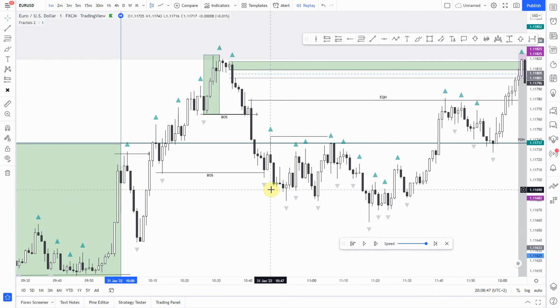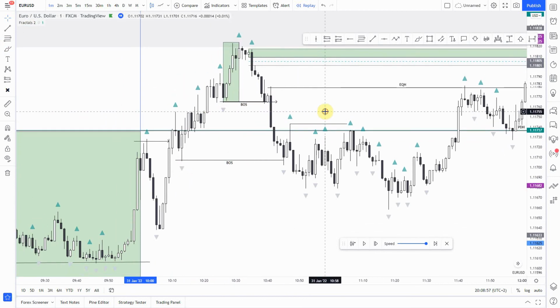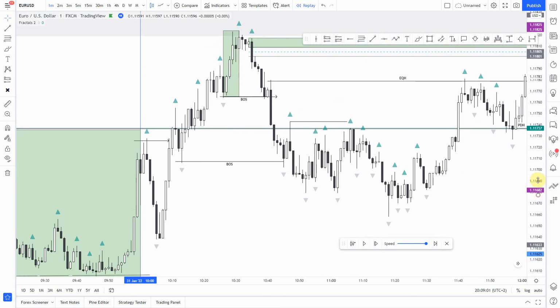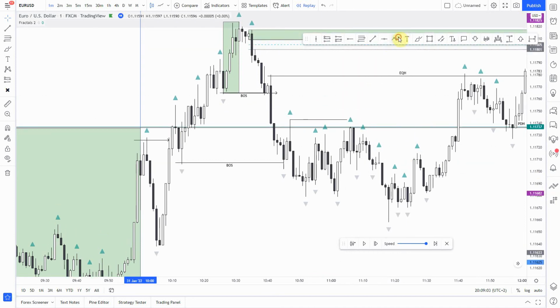Anyone can use them. Instead of you searching for the structural references, you can just put fractals and it can show you where is structure, so that you know that price is about to rotate and break structure to the desired direction. Okay, so now that we are on it, price broke structure.